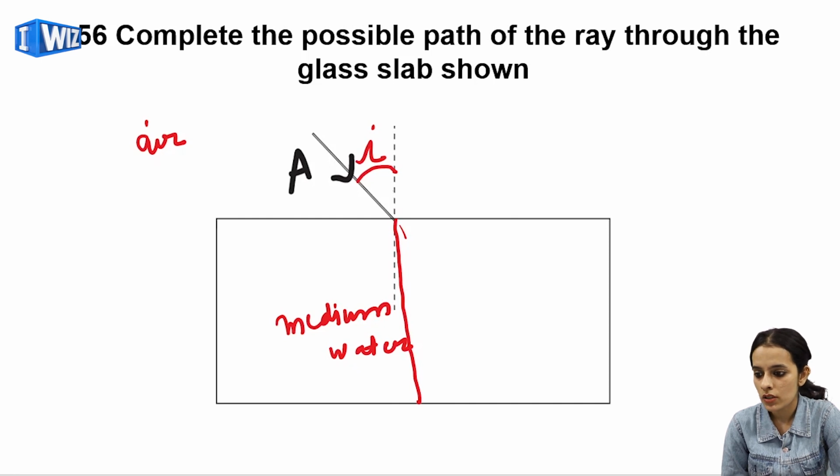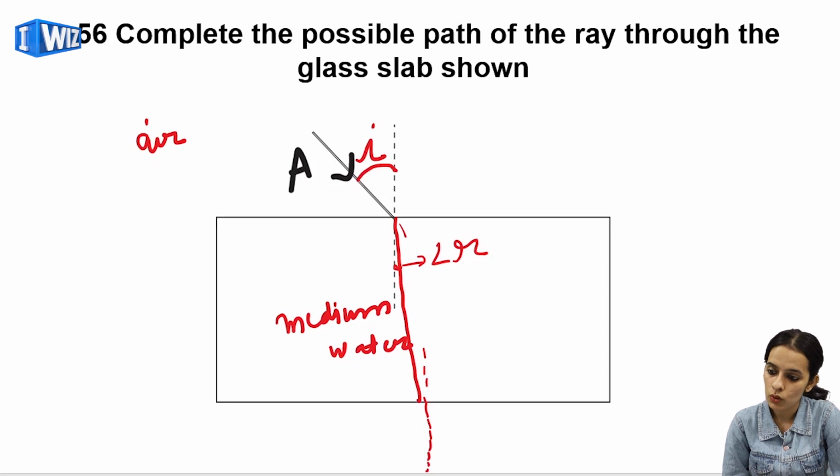It will bend towards the normal. So this one is called the refracted ray. The angle made by the refracted ray with the normal is called the angle of refraction. So again, when it changes its medium and goes from denser to rarer medium, it will bend away from the normal.